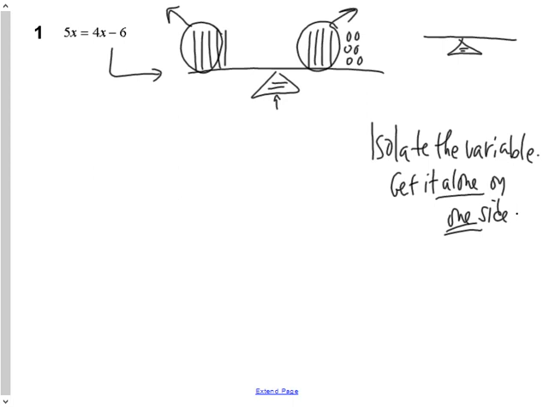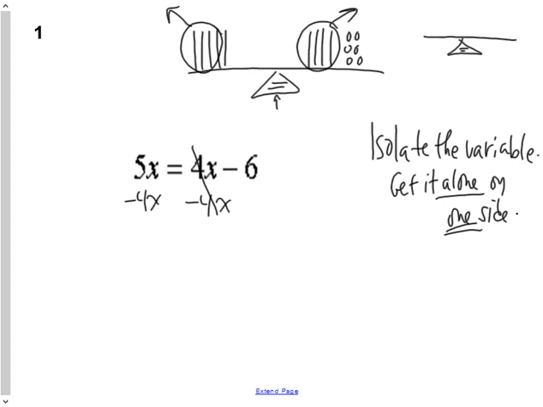So in this particular equation, what we're going to do is subtract 4x from both sides. Not dividing by 4, not adding 6, but subtracting the entire term of 4x. And those two things make 0 pairs.